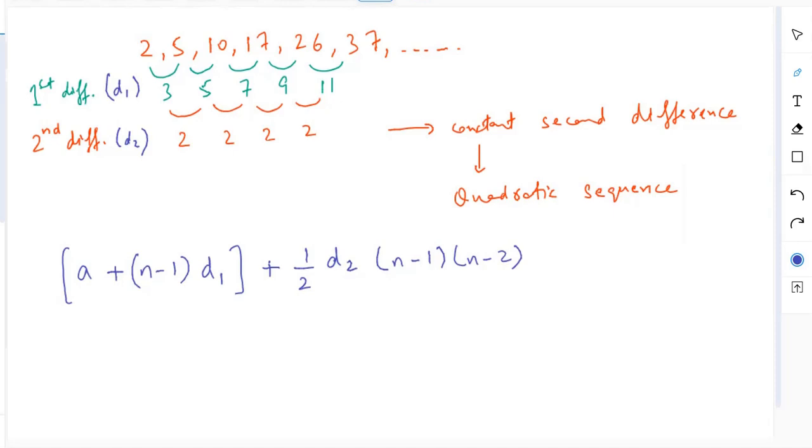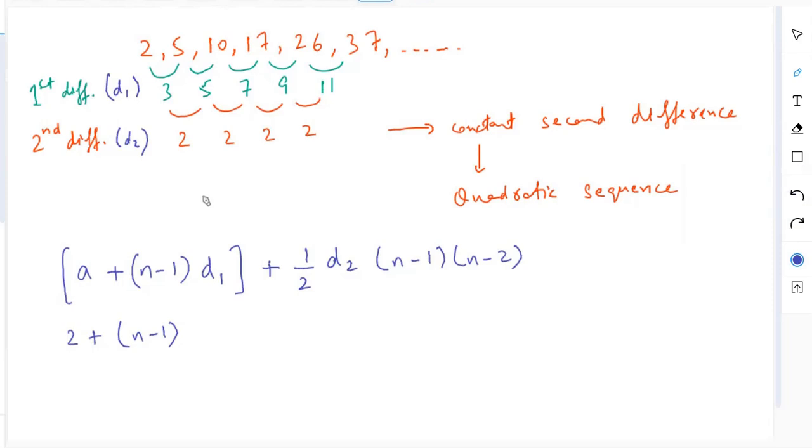Now remember, A is still the first term of the sequence. That's 2, plus n minus 1 into d1. What is d1? d1 is actually the difference between the first term and the second term.